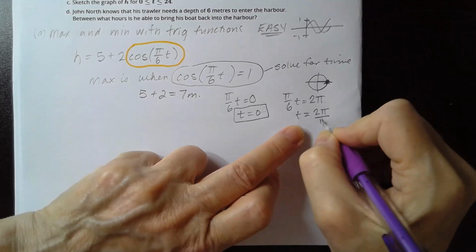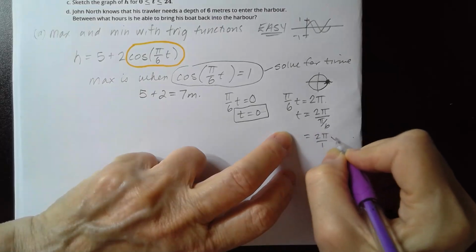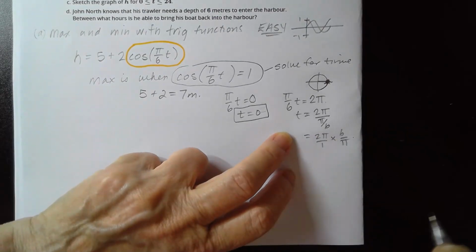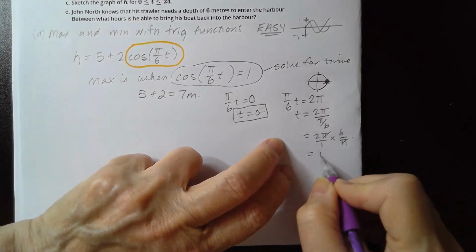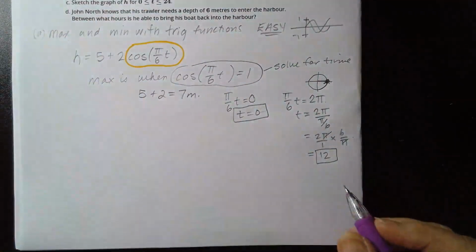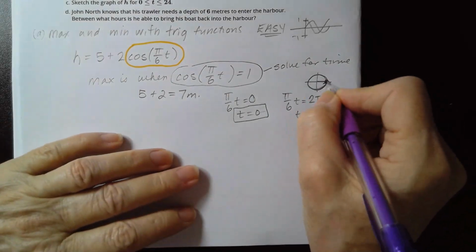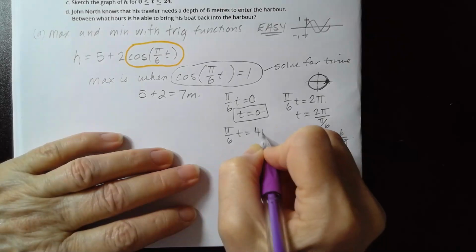You're really doing 2 pi on 1 times 6 on pi, right? That keep, change, flip idea. And that equals 12. So I'm still in my domain, 12 hours after. Let's try to go all the way around again to 4 pi.